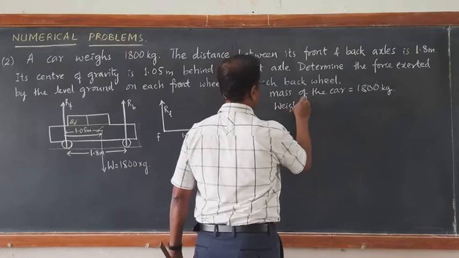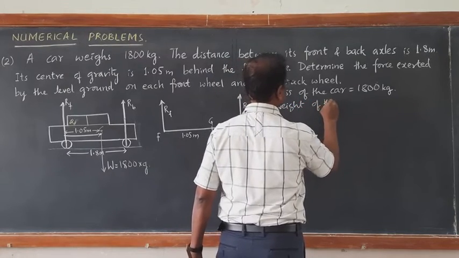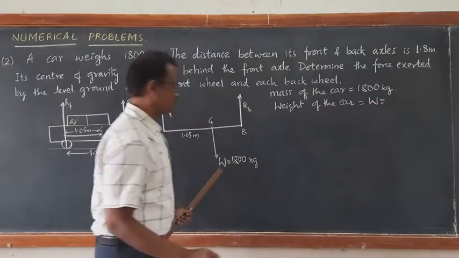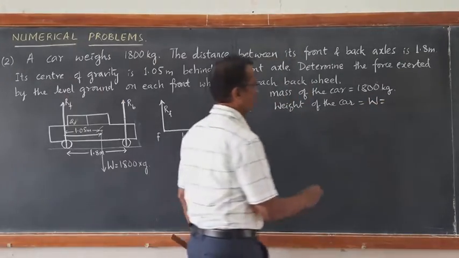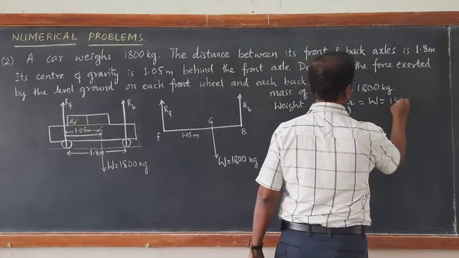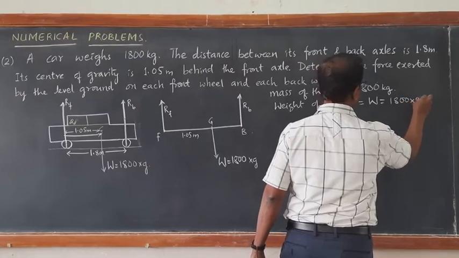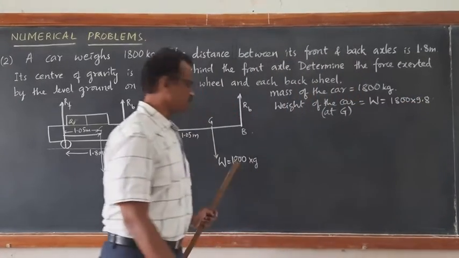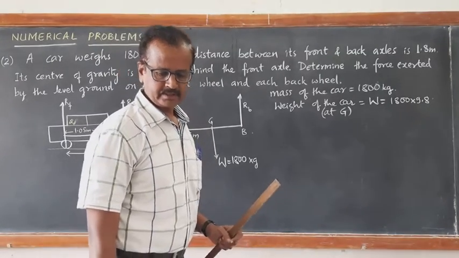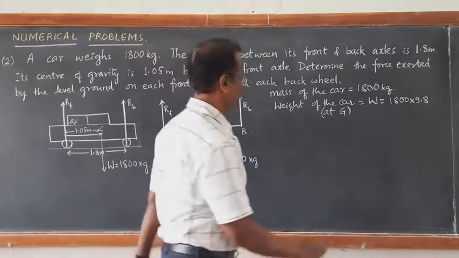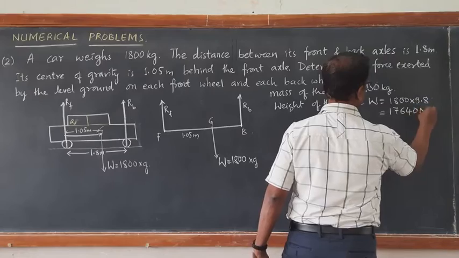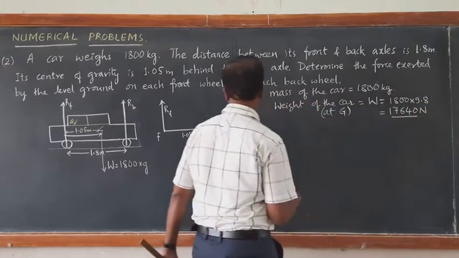Weight of the car, that is W, at center of gravity G, is equal to 1800 into 9.8, that is 1800 into g. That gives us the total weight 17640 Newton. When you multiply this, you will get this result.